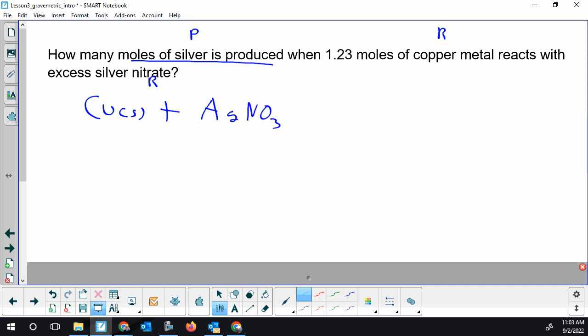Now this question doesn't really tell us the state. It only works if it's aqueous, but it doesn't say. I'm going to leave the state out, but it most likely would be aqueous. Silver is a +1, nitrate's a -1, so one of each. We do our double replacement. And our double replacement spits out elemental silver, which matches the product we're told must exist in the problem.